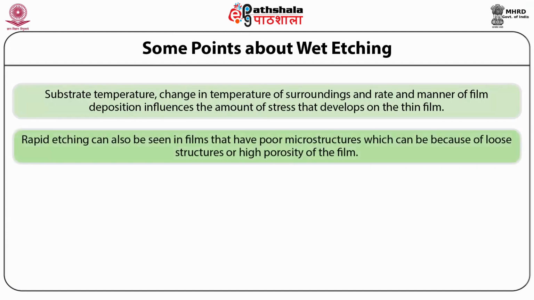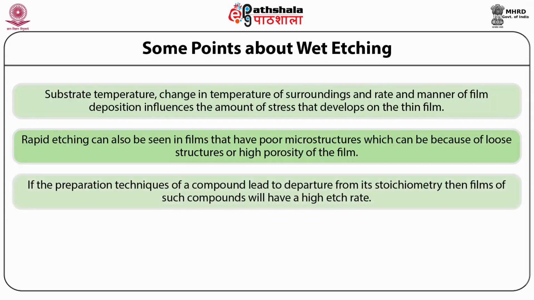Rapid etching can also be seen in films that have poor microstructures, which can be because of loose structures or high porosity of the film. If the preparation technique of a compound leads to departure from its stoichiometry, then films of such compounds will have a high etch rate.